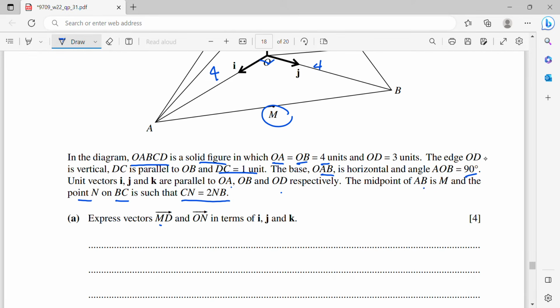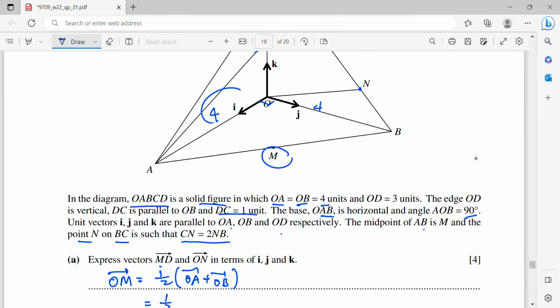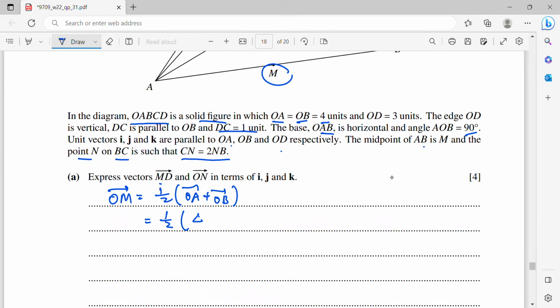Alright, so now A, express vectors MD and ON in terms of I, J, K. Before we get the MD, we need to find the OM. So OM is half of OA plus OB because M is the midpoint of AB. So half OA from the diagram is 4I, OB is 4J. Therefore, we will get 2I plus 2J for the OM.